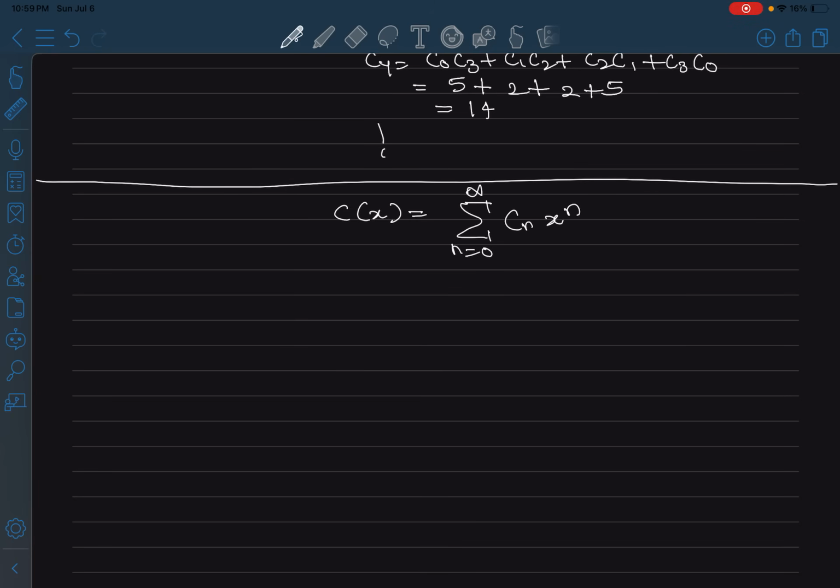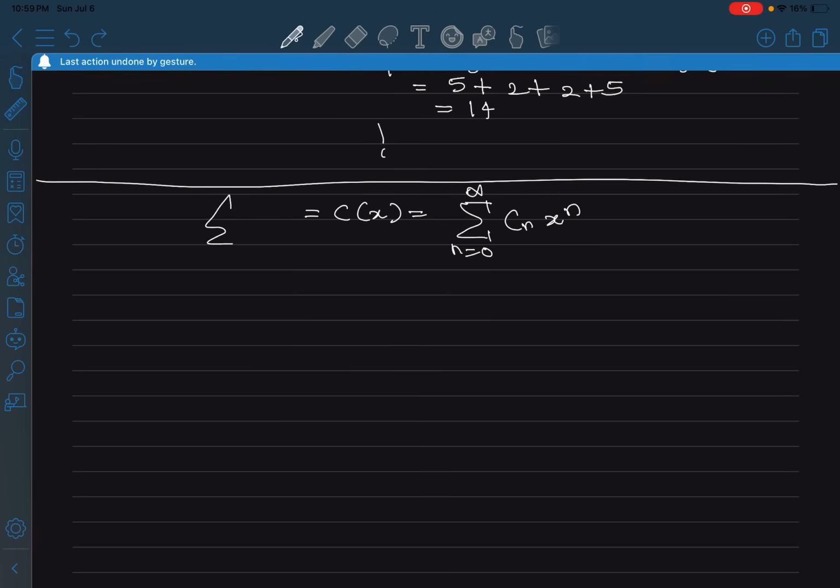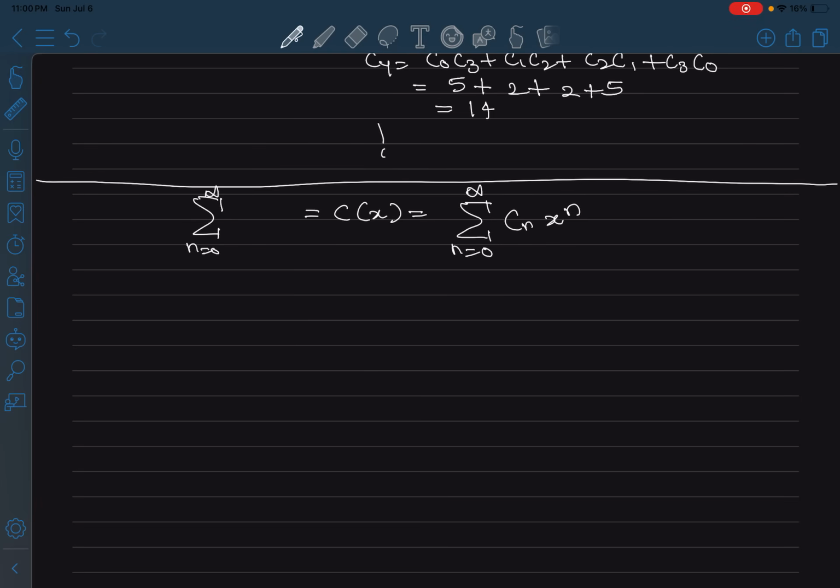We're going to use the recurrence relation of the Catalan numbers and make some manipulations to find an actual expression in terms of x, which we again break into an infinite sum. Then we will find some expression for every x to the power n, compare that expression, and get Cn.